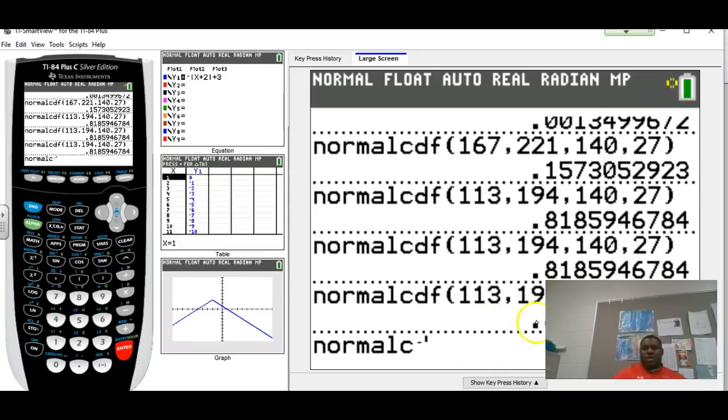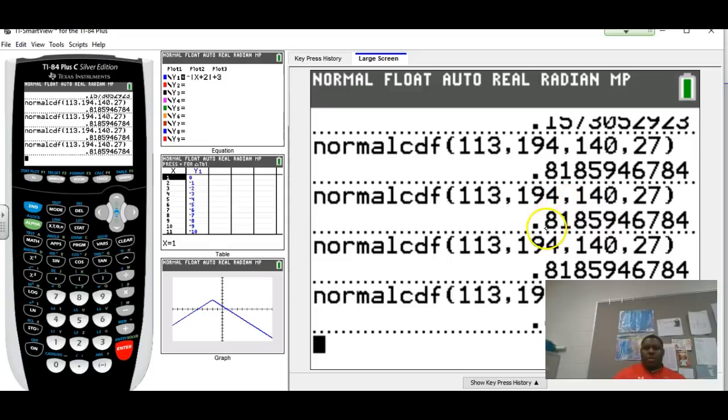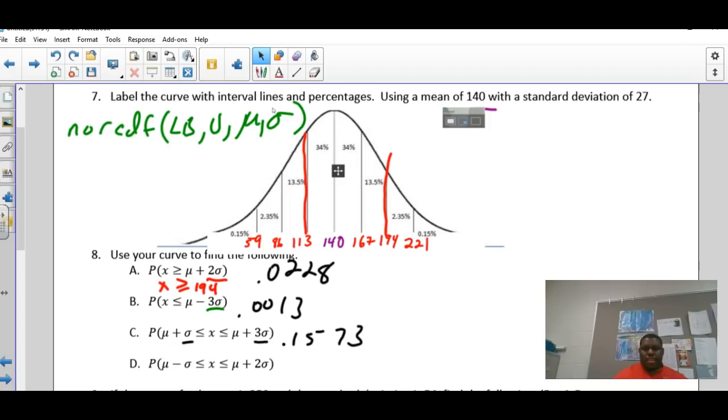So we get 0.81859, so we're going to go 0.8186.